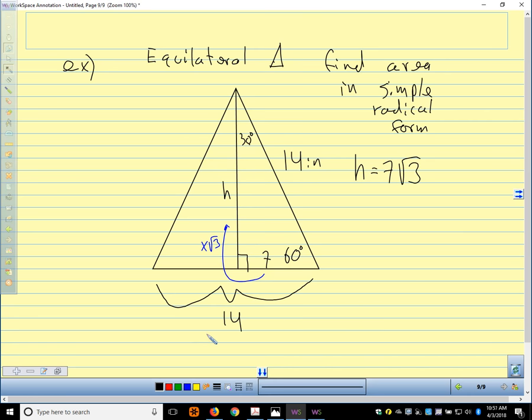The base is 14. So our area is 14 times 7 square root 3 divided by 2. 14 divided by 2 is 7. 7 times 7 is 49. So that area in simple radical form is 49 square root 3 square inches.